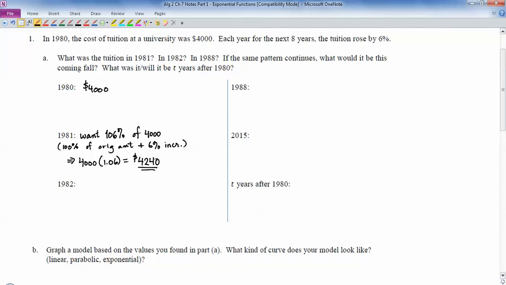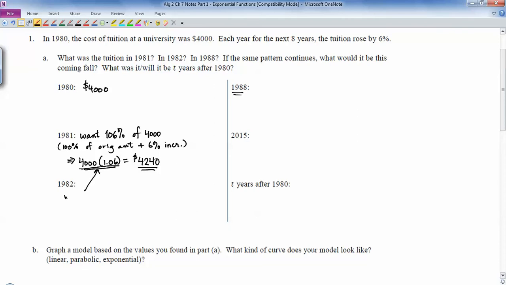Okay, so in 1982, what we want is 106% of the previous year's value. So I could do 4240 times 1.06, but the way that I want you to, so look over here, when we get to 1988, I don't want to have to figure out what 1987 is and then multiply that by 1.06. So instead, you want to train yourself to think about this value here.